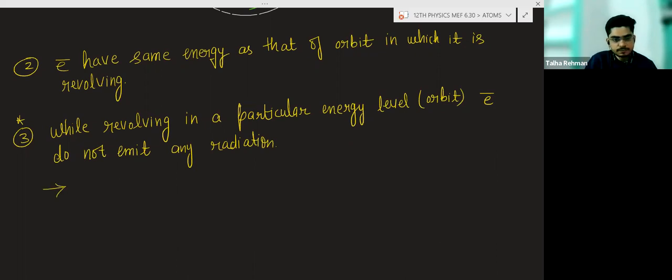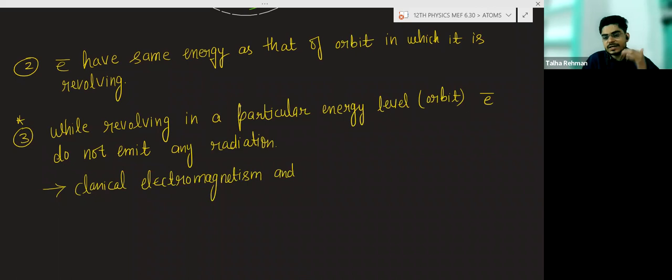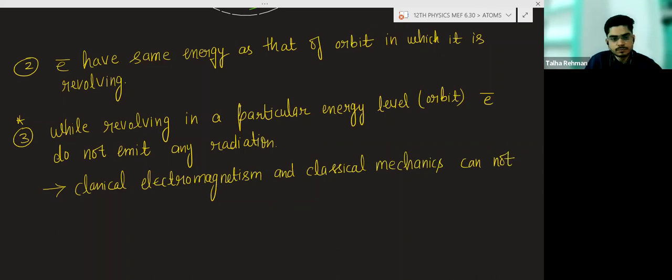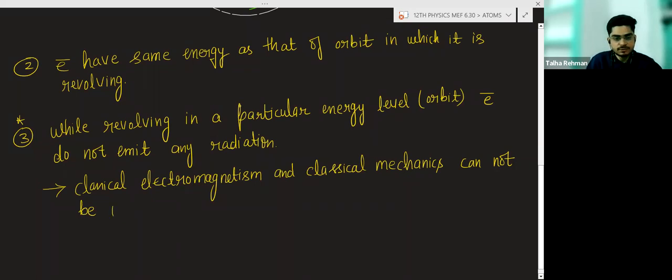So classical electromagnetism and classical mechanics, meaning Newtonian mechanics, cannot be applied 100% at the atomic level.